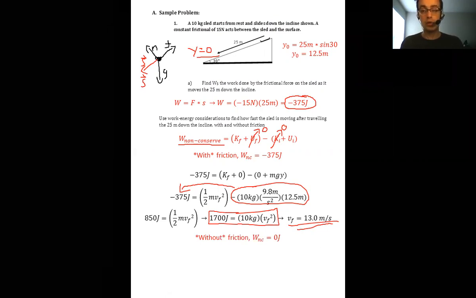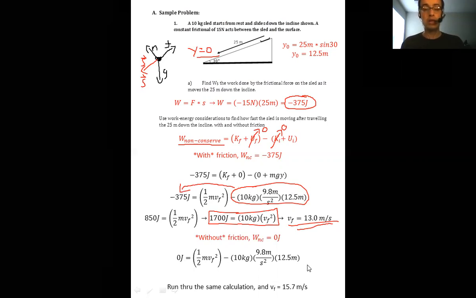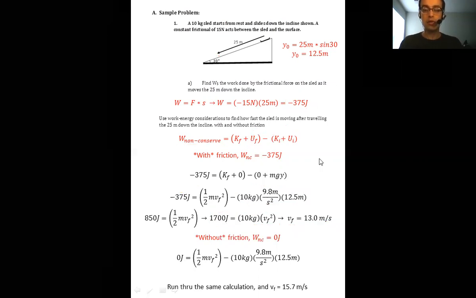And because we're told to deal with this as though it's frictionless, there is no non-conservative force. So we say 0 equals this very same expression that we previously used, and we evaluate. You run through the same calculation, and you find that the final velocity is 15.7 meters per second. All right, so that's that problem.